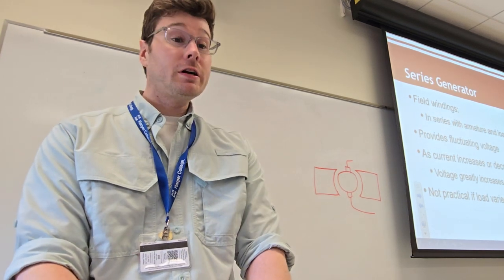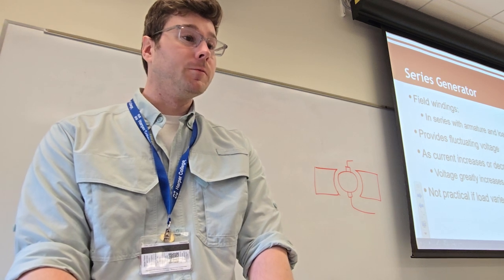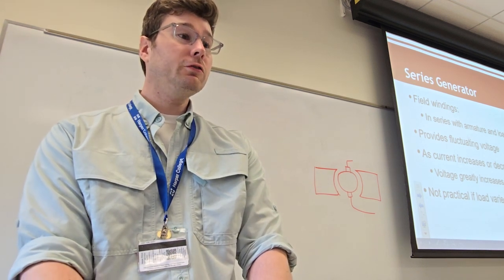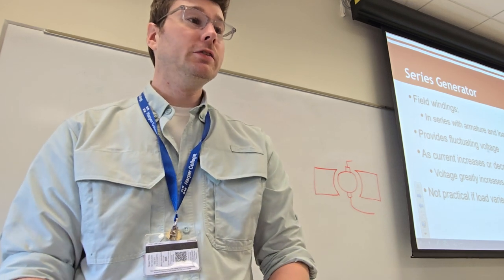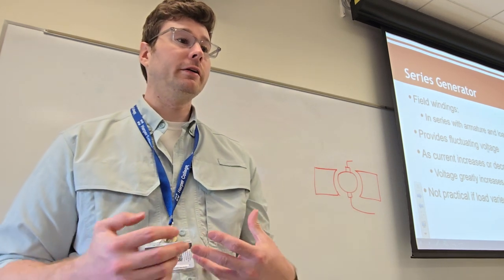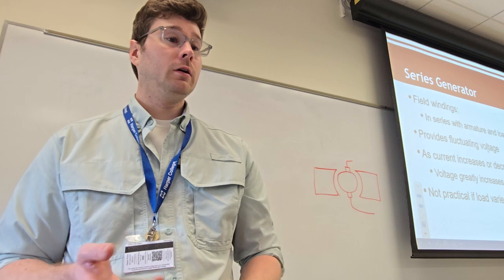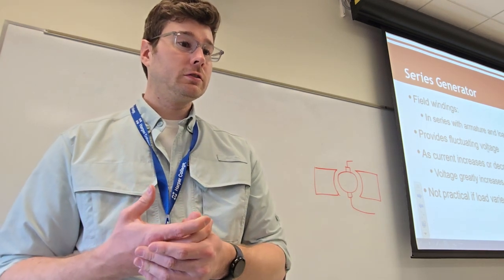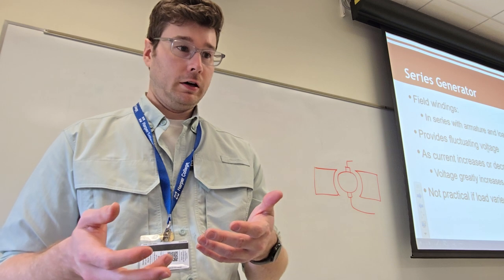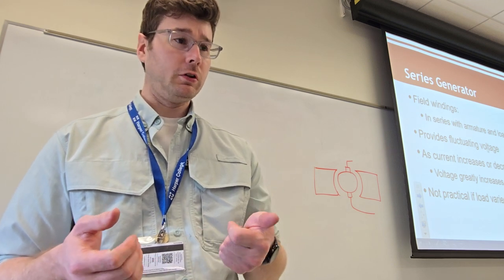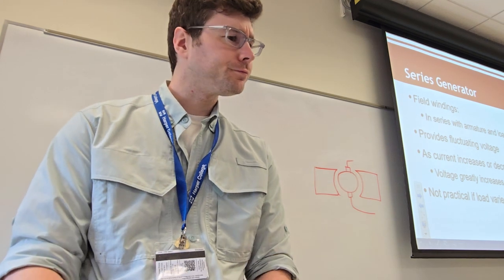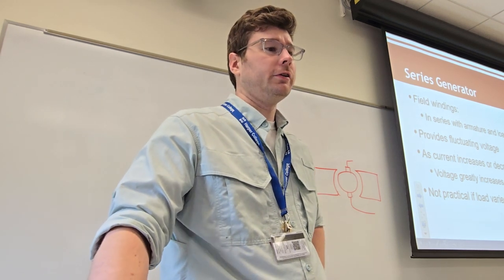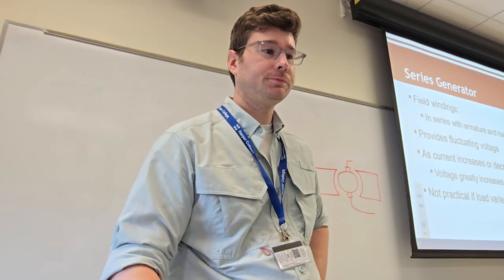Call this one the series generator, and it very much is, where the field windings are in series with the armature. The voltage that it outputs, as opposed to our parallel generator, is not as stable. As current increases or decreases, voltage greatly increases or decreases, which is not practical if load varies.